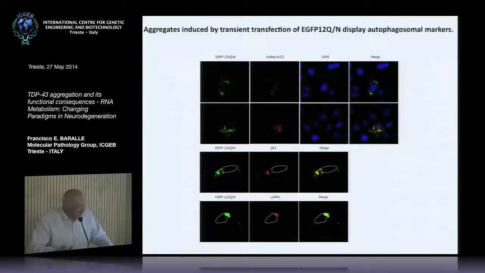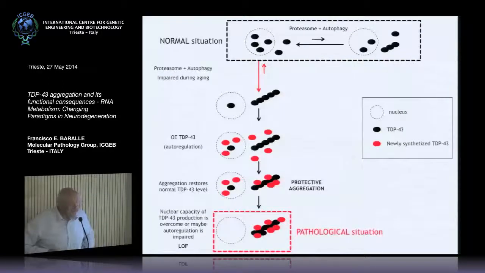I could finish here. I just wanted to tell you that these aggregates, at least in transient infection, display autophagosomal markers. So we thought that there was a possibility for approaching a therapy, and a general model explained like this. Normally, the protein shuttles out of the nucleus to the cytoplasm, but is transported immediately backwards, and this is a normal function.